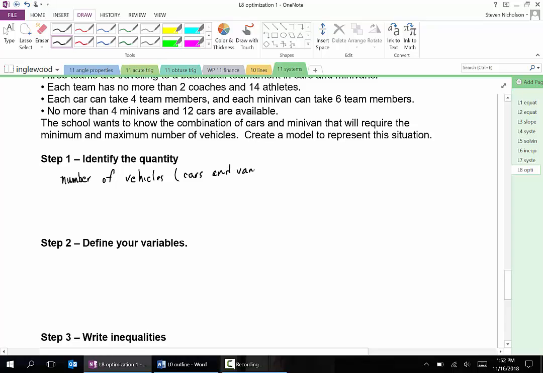And then that is the quantity we want to maximize or minimize. So identify the quantity to maximize or minimize. And you're going to see down in step 4, the objective function, this is going to be important.